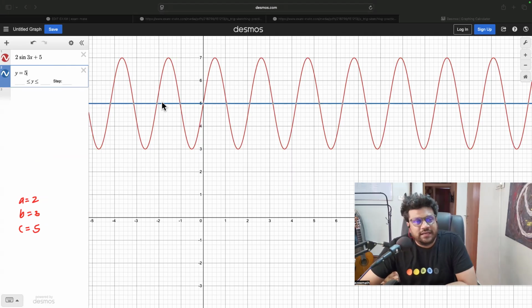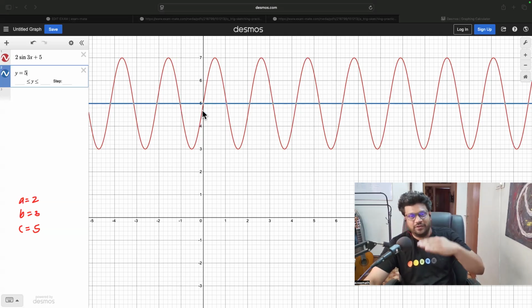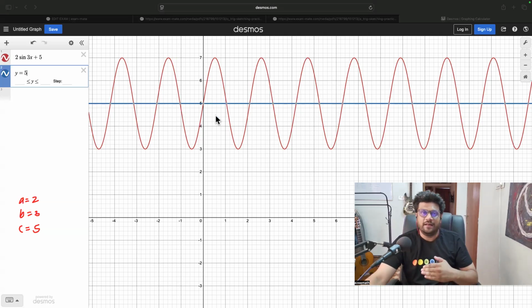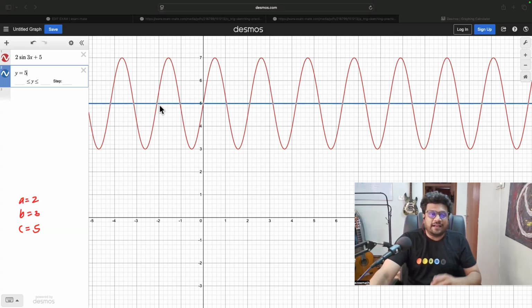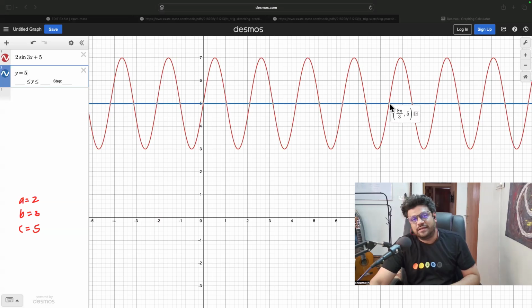Now let's look at this line y equal to 5. Do you see the curve oscillate about that line? That means y equal to 5 is the principal axis for this sine curve.